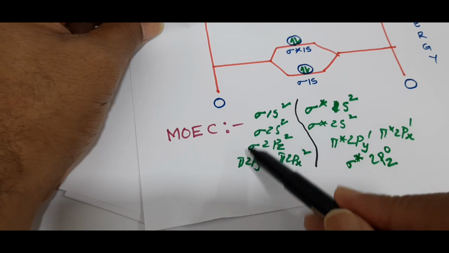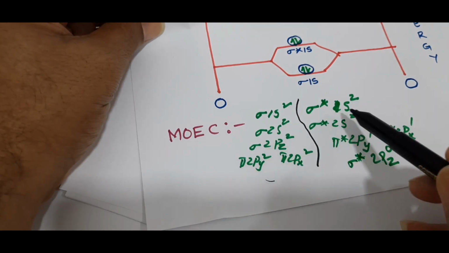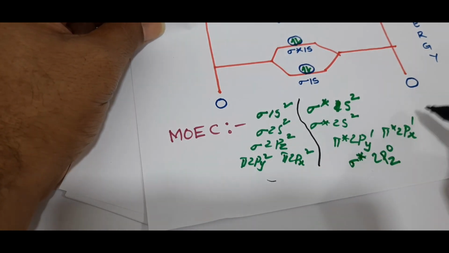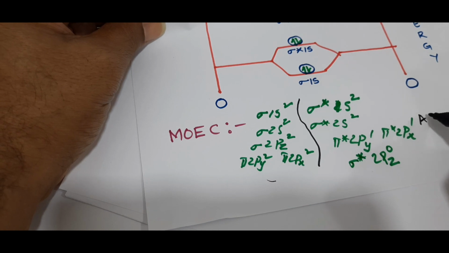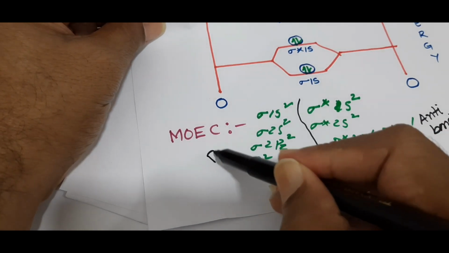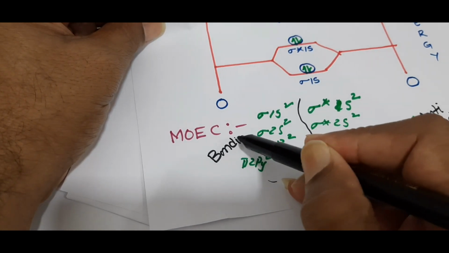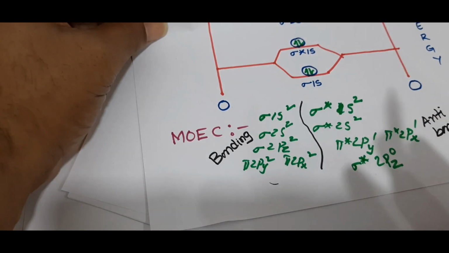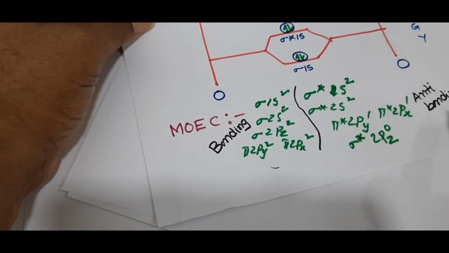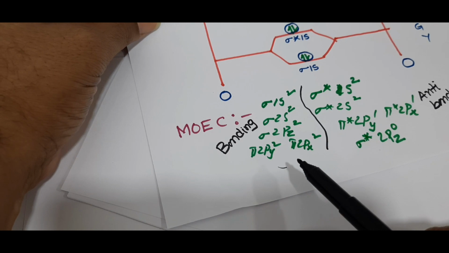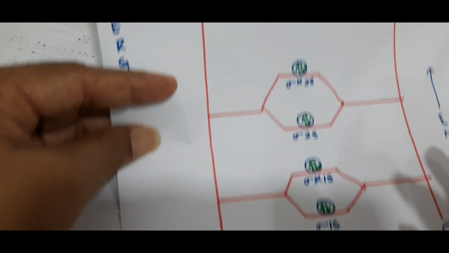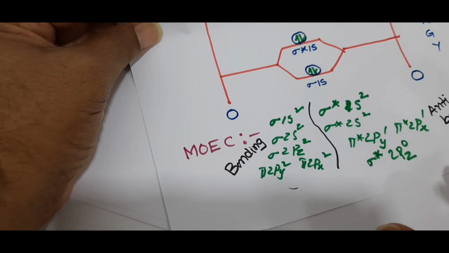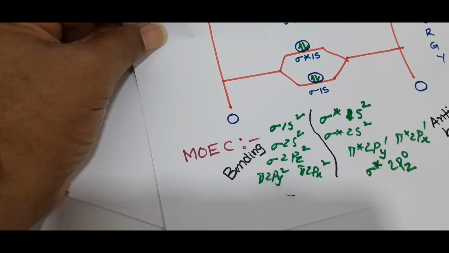These have no star mark, all these have star mark. These can be considered as anti-bonding. These are considered as bonding, right? These are the anti-bonding molecular orbitals, these are the bonding molecular orbitals. Okay, it's all right. I am going to copy this electronic configuration on another paper.